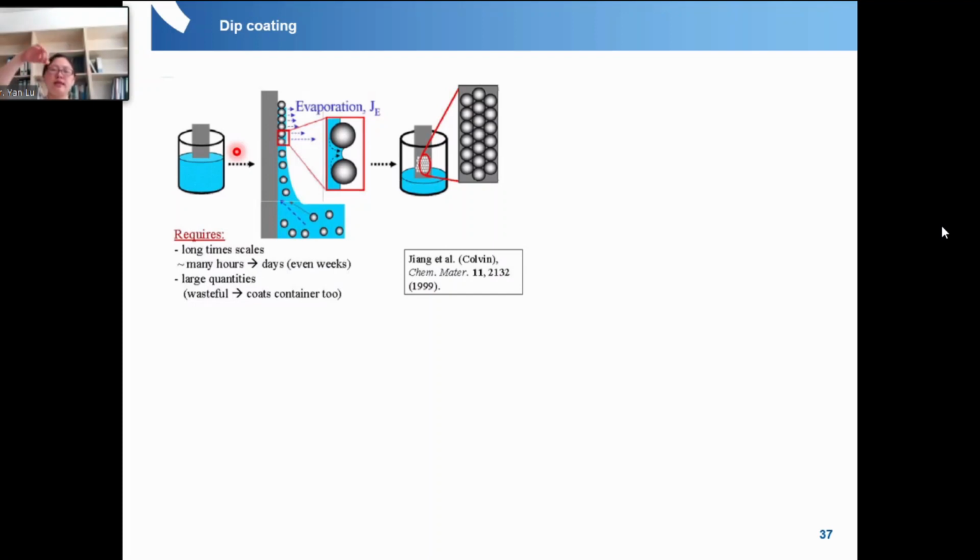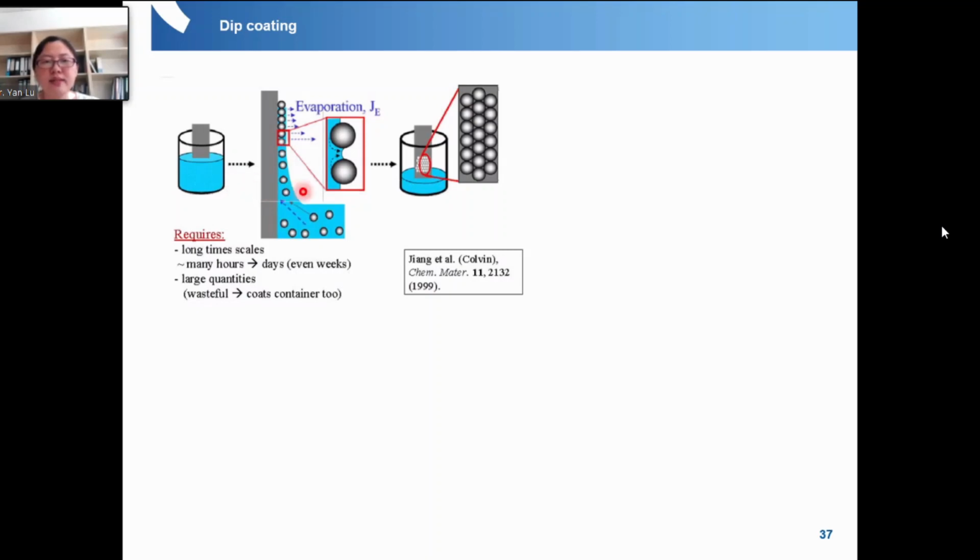Normally you need overnight. That's why for dip coating you normally need a very long time, like days, sometimes even weeks. And you also need a large quantity of your latex particles, so it's quite wasteful of your particle solution.